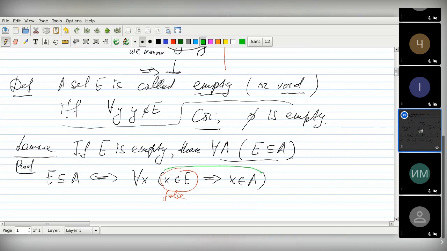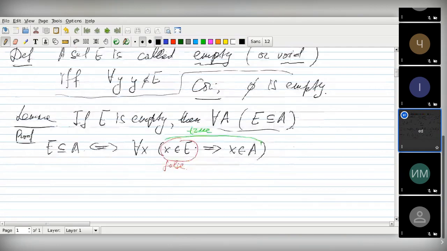From a false assumption, it follows everything. So this implication is true for whatever x.